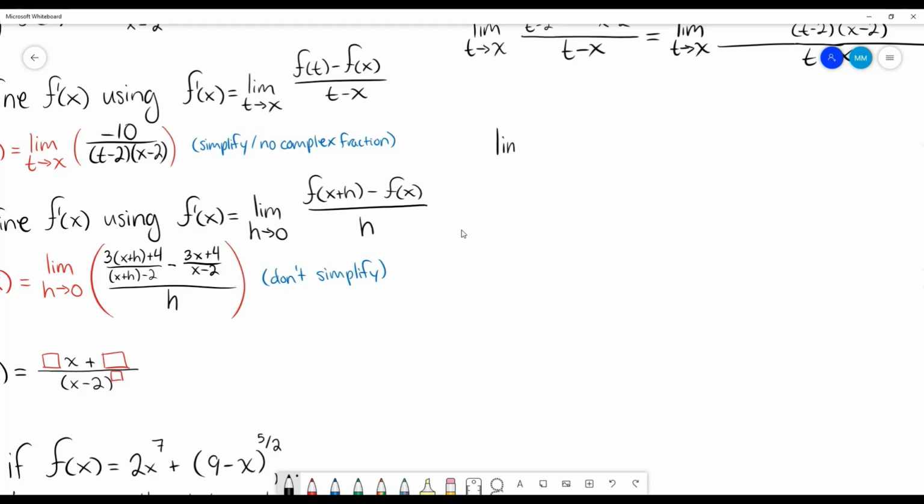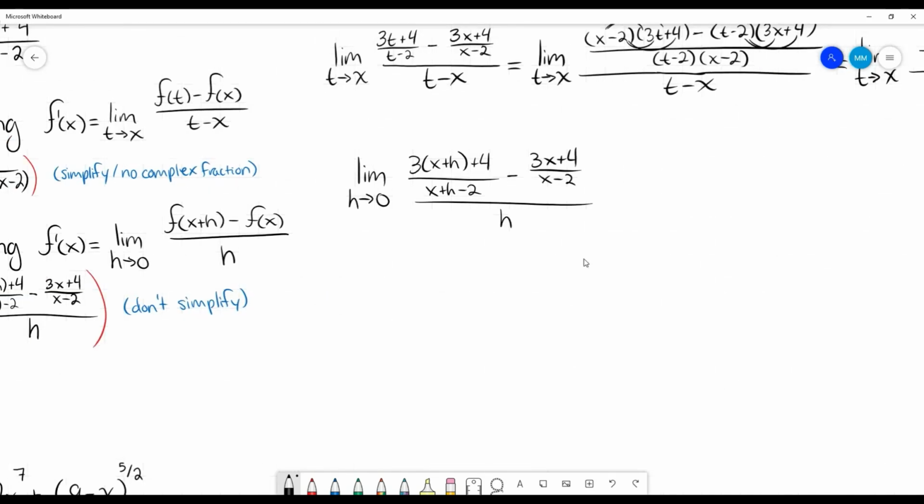So it says the limit as h approaches 0 of 3 times (x plus h) plus 4 over x plus h minus 2, minus 3x plus 4 over x minus 2, all over h. The trick here is that we need to get rid of this h in the denominator because it would get to 0.